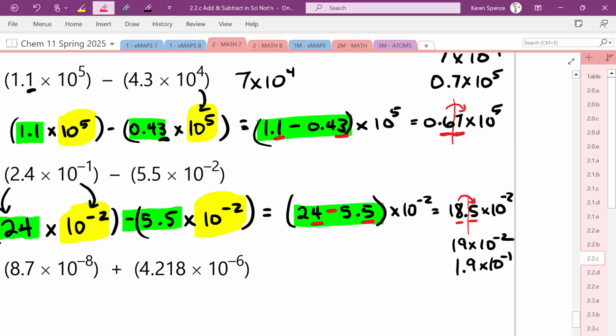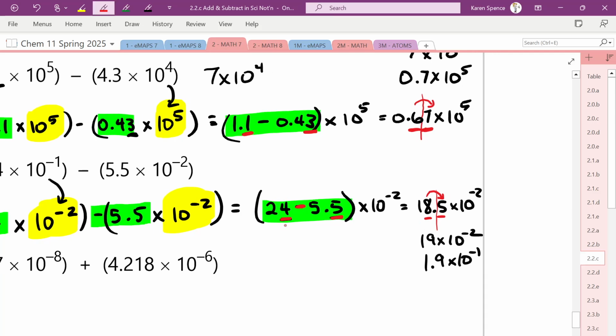Okay, so we have 18.5 times 10 to the negative 2. And that means that we've got uncertainty in the ones position because of that 4. And we have uncertainty in the 0.1 position because of that 5. And that means we need to look to the right. And that becomes 19 times 10 to the negative 2, which becomes 1.9 times 10 to the negative 1.